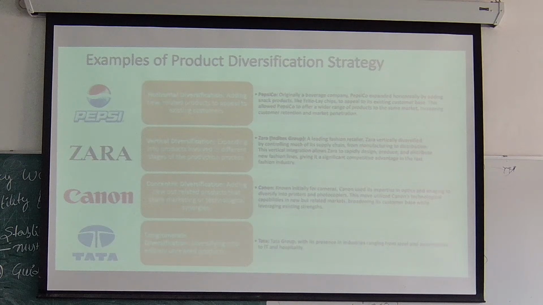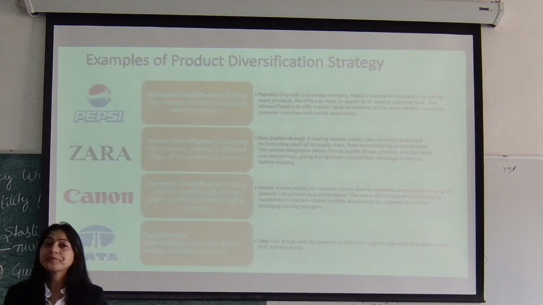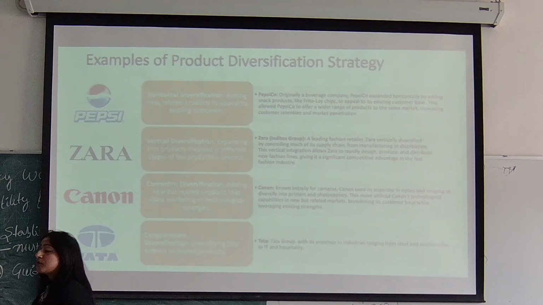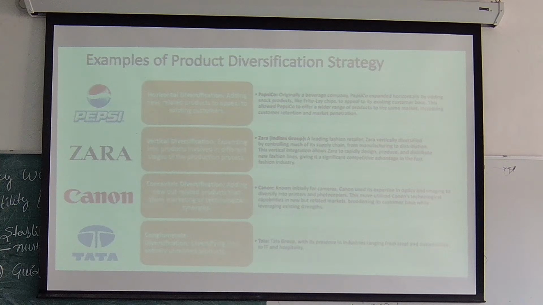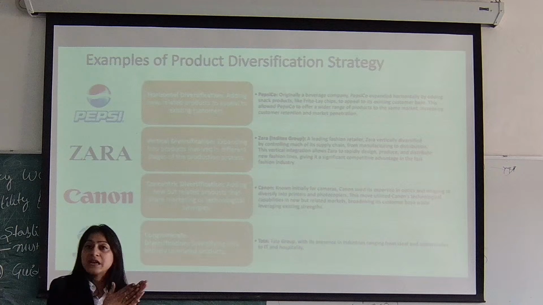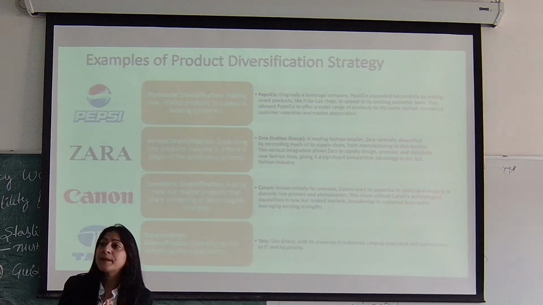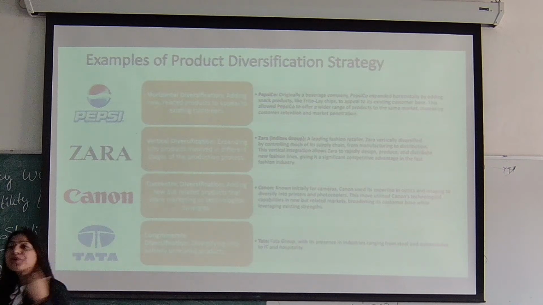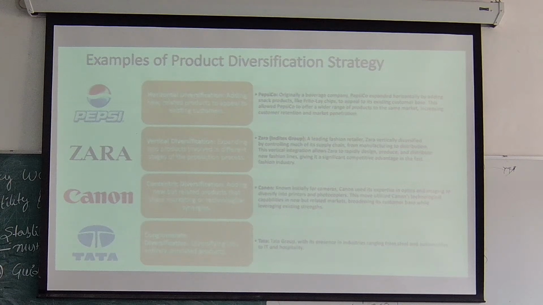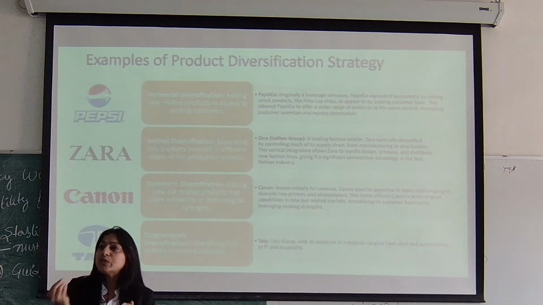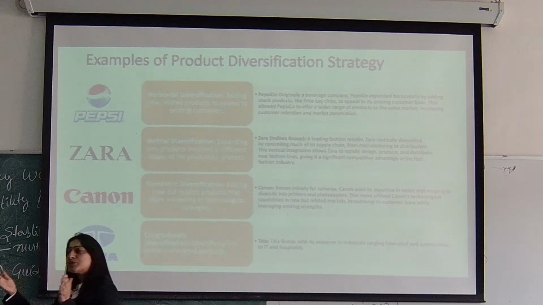Then vertical diversification. So when I talk about vertical diversification, here I would like to give the example of Zara. So here vertical diversification means there are various stages in which this entire supply chain is divided, right? कहाँ से आप procure करेंगे raw material, फिर raw material में fabric होता है, buttons होते हैं, chain होती है, बहुत सारी चीज़ें होती हैं हर स्टेज पे.